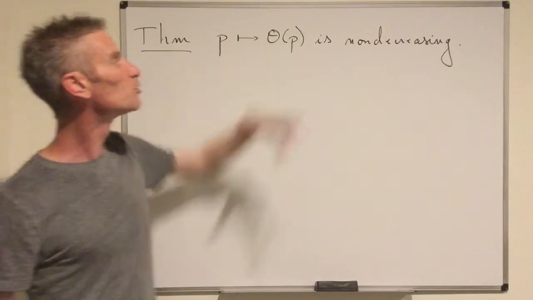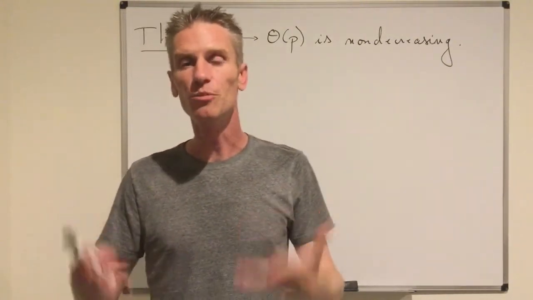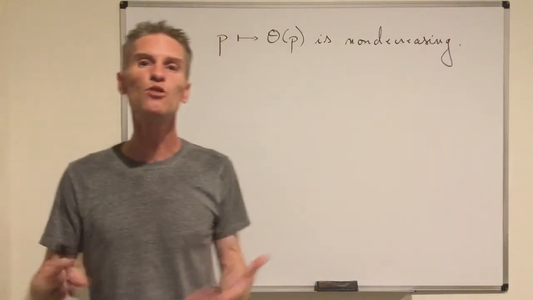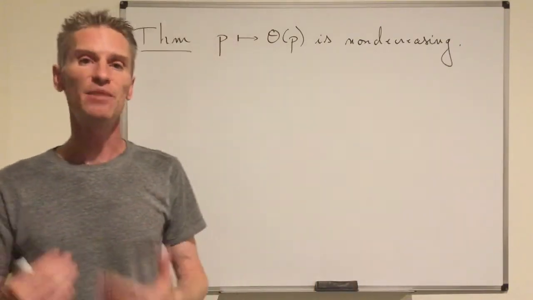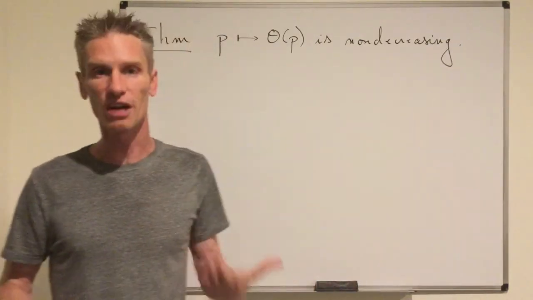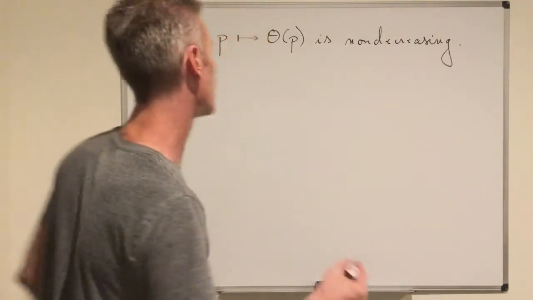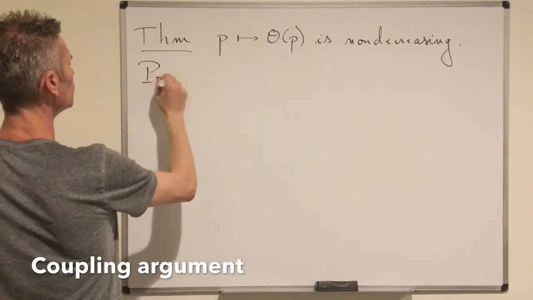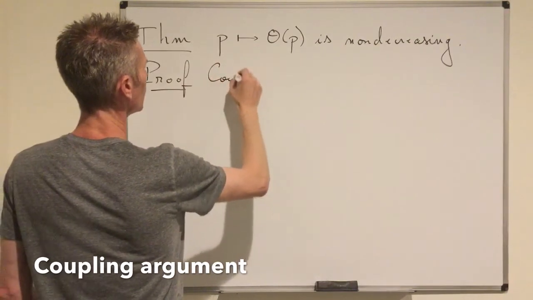And so, to prove this result, what you typically want to do in probability theory or the theory of stochastic processes is to compare different processes with different parameters and prove some kind of monotonicity relationship. What we do typically is use something called a coupling argument. So I'm going to write this keyword, the technique we use here to prove this theorem: coupling argument.